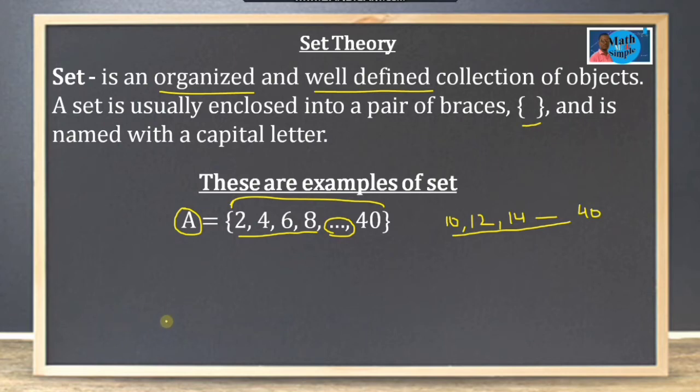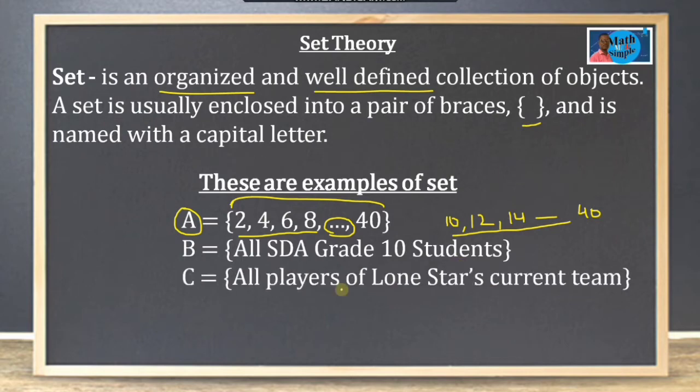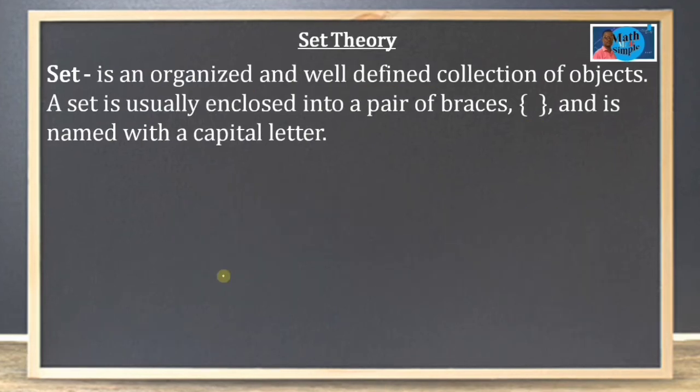Okay, so let's see. B equals the set of all SDA grade 10 students. C equals all players of Lone Star's current team. Like we said, there are some expressions that resemble sets, but they are actually not sets because they don't follow the organized and well-defined rules.